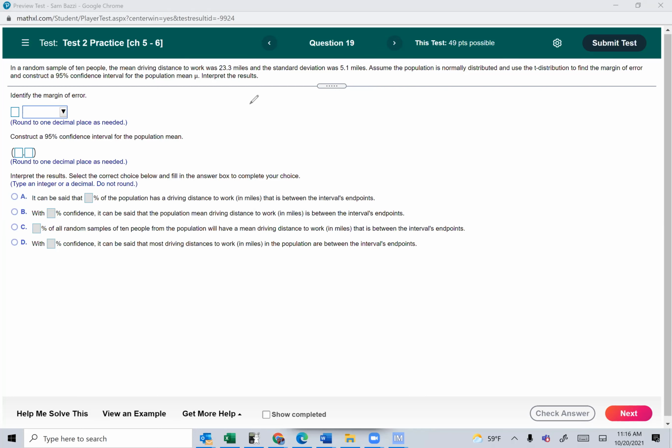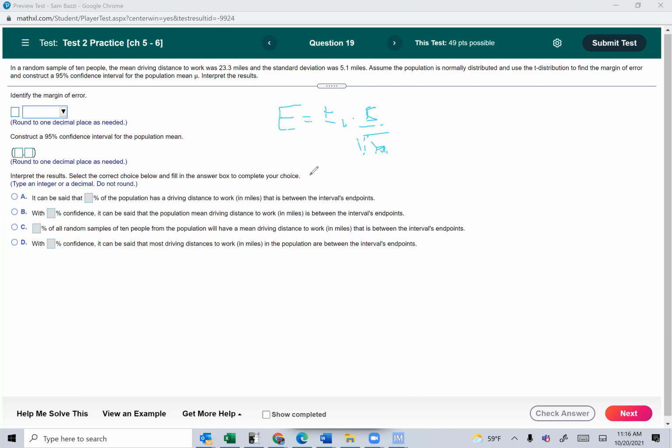The formula that I gave you for E was this: TC times S divided by square root of N. And that's S here, guys. Okay, but you need to find TC. And in order to find TC, you need table 5, which actually it should pop up here.